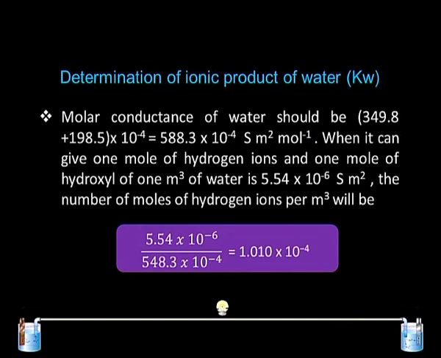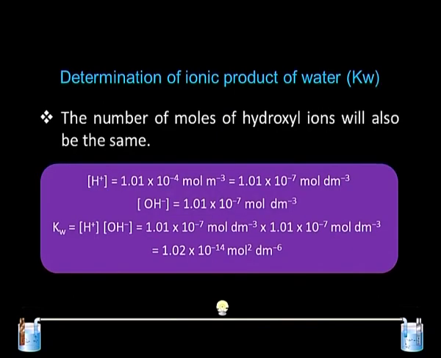Naturally, I am in a position to find the concentration of hydrogen ion as well as OH minus ion by taking the ratio of these two terms, 5.54 into 10 raised to minus 6 divided by 548.3 into 10 raised to minus 4, which leads to a value of 1.01 into 10 raised to minus 4 mole per meter cube. When we convert into dm cube, we get a value of 1.01 into 10 raised to minus 7 mole per dm cube.